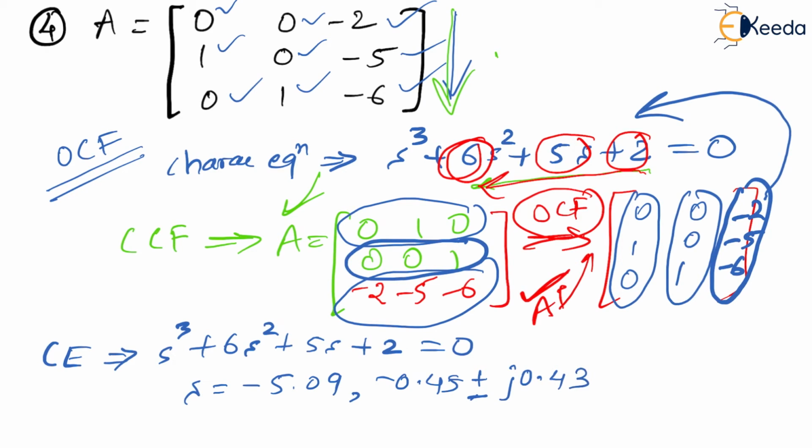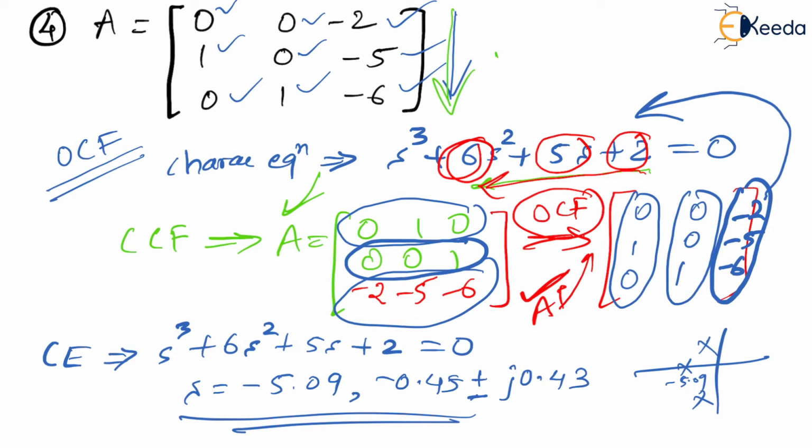So one pole is at -5.09 and the other two are here, right? Which means all are on the left half of the s plane, which means the system is stable.